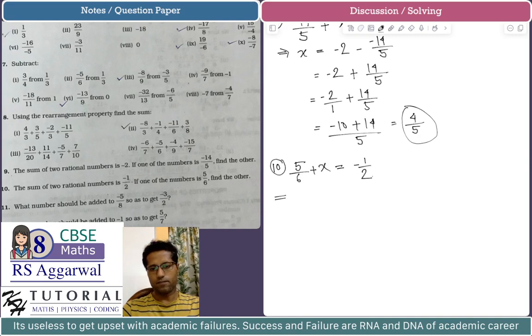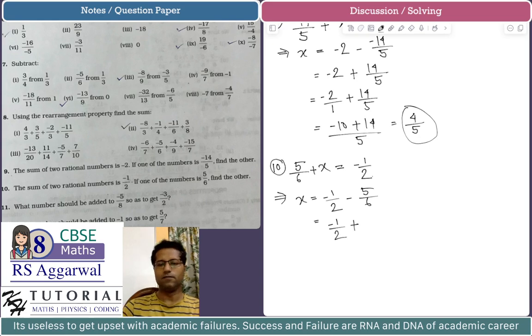So clearly, from the concept of linear equation in one variable, you can say that x is equal to minus 1 by 2 minus 5 by 6. This is equal to minus 1 by 2 plus the additive inverse of 5 by 6, that is minus 5 by 6.